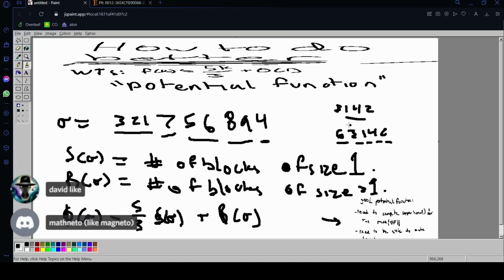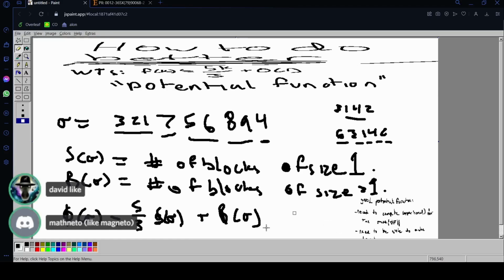I see. But once you have the 5, then they're no longer considered a block, and this is all singletons. And so basically, they work with this potential function, and it's actually kind of not quite a potential function.